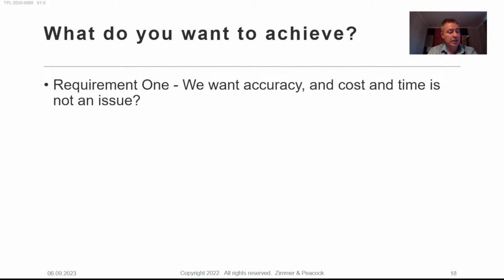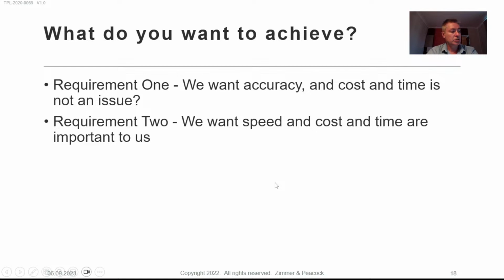Do you want accuracy, and therefore cost and time is not an issue? For example, you can run HPLC in a more economical fashion if you cut down some of the extraction and sample preparation steps, but you've got to ask yourself, what do you want? Accuracy, and therefore cost and time is not an issue. Do you want speed? At ZP we work on a lot of rapid diagnostic tests, so speed is actually the most important thing for us.